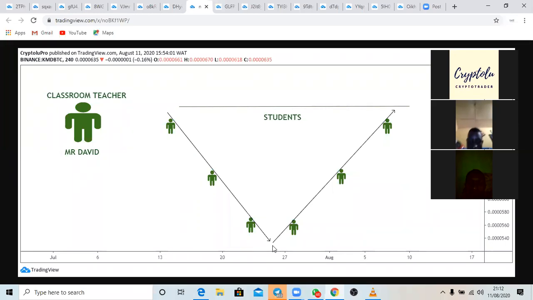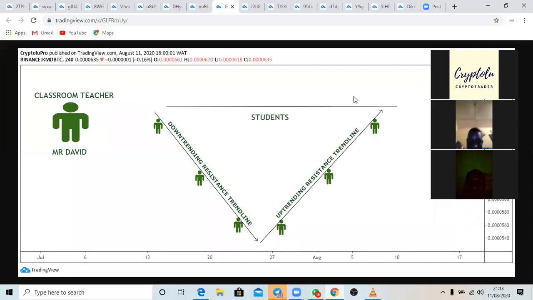No, descending trend line, no. For this second one, okay, good, good. Someone said uptrending resistance trend line. Okay, good. The answer is that is an uptrending resistance trend line. As you can see here, downtrending resistance trend line and uptrending resistance trend line.